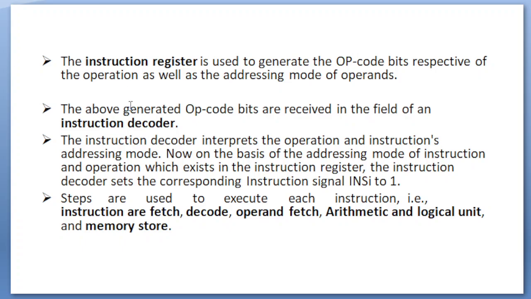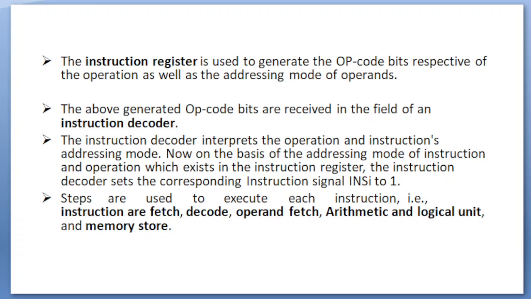The instruction register is used to generate the opcode bits respective of the operation as well as the addressing mode of operands. That is the purpose of the instruction register: opcode bits are generated by it.